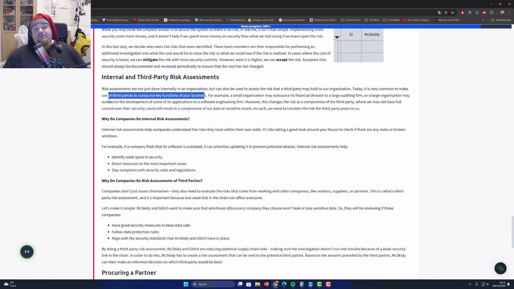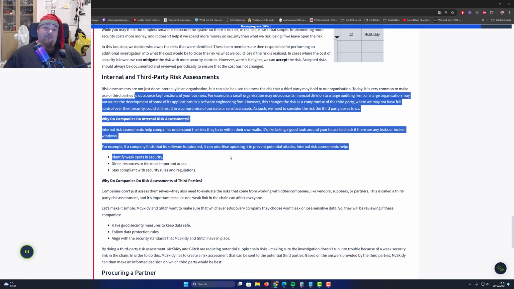We have to create the same kind of risk assessments for the third party. You need to be aware of your supply chain and who you're working with. They have to adhere to the same kind of risk assessment. This is what this is about.